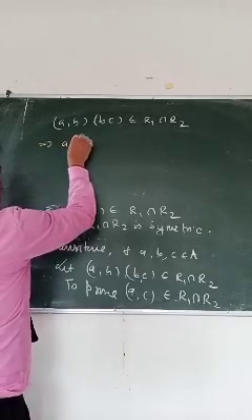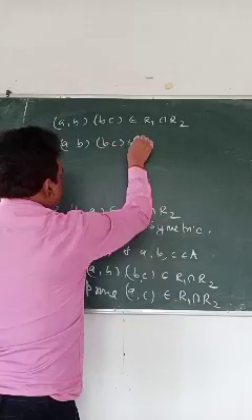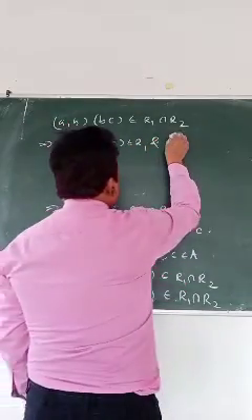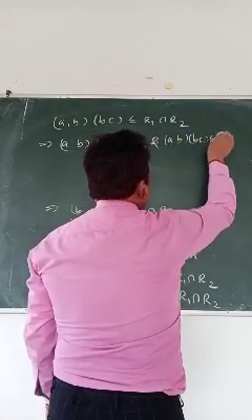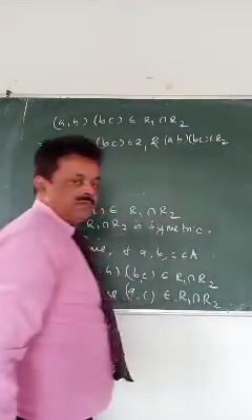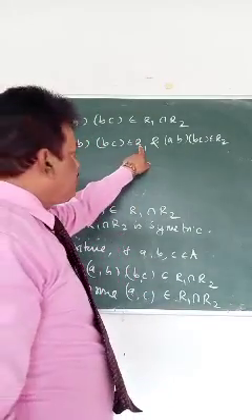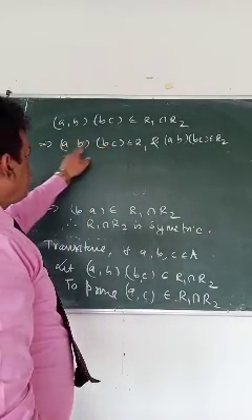Implies (a, b), (b, c) belong to R1 and (a, b), (b, c) belong to R2. Because it is an equivalence relation, it will follow transitive. Transitive means b will be omitted, then (a, c) will remain.